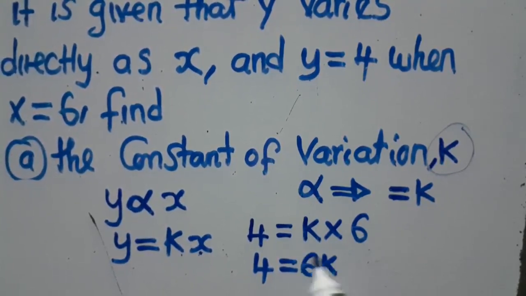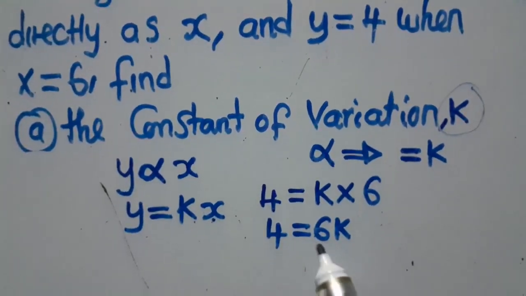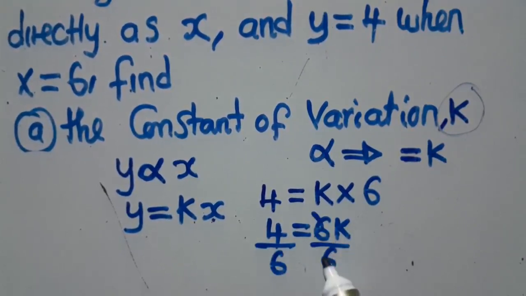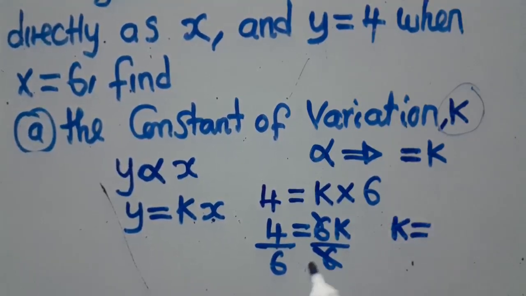You want to find the value of k, so you divide both sides by 6. Here the 6 and 6 cancel out. Which number can go into 4 and 6? It is 2.